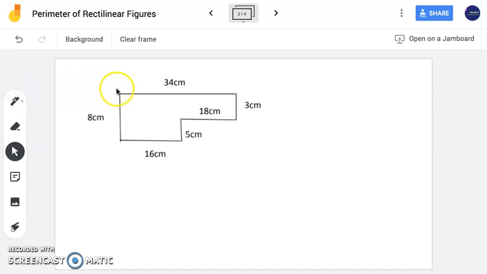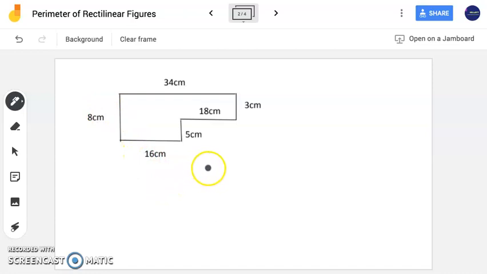Now, we're going to do the same steps and we're going to add all the sides we see. So first here we see 34 centimeters plus 3 centimeters plus 18 centimeters plus 5 centimeters plus 16 centimeters plus 8 centimeters. It's a lot of numbers we have to add together. So I recommend taking it into steps.